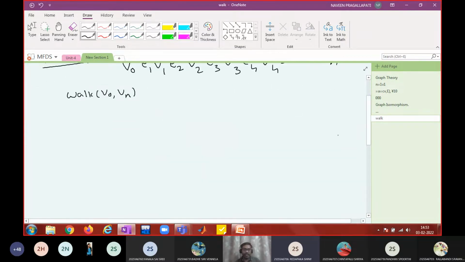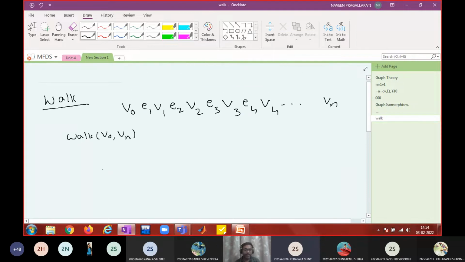So if you draw something like this, let us say this is V1, V2, V3, V4, and V5.